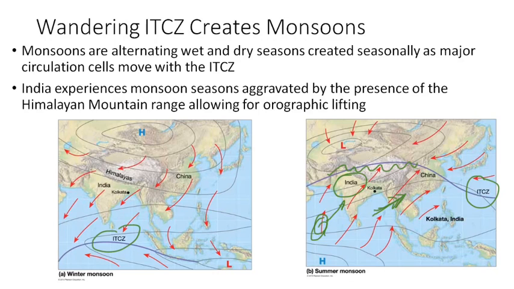So it has an exaggeration with regard to precipitation between the winter and summer months. That is the definition of a monsoon if it's brought in related to these global wind patterns. So that's the Indian monsoon.